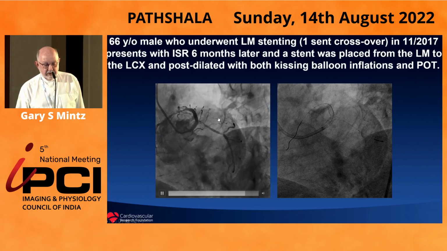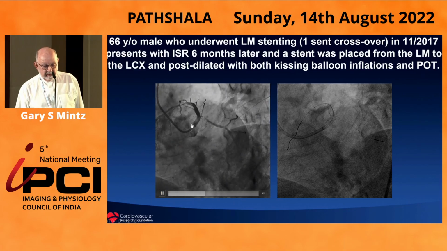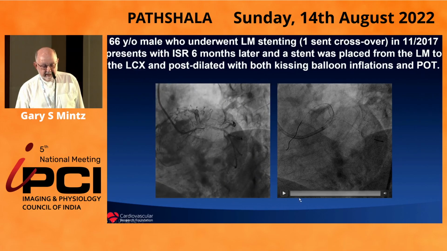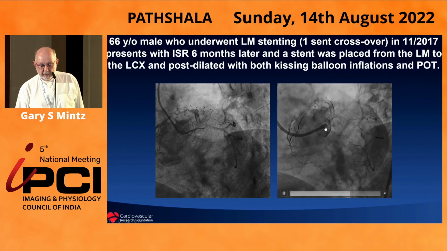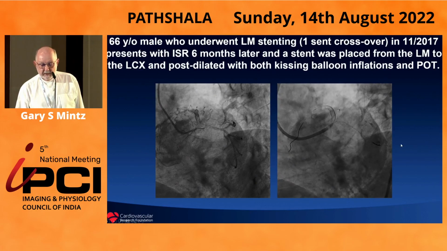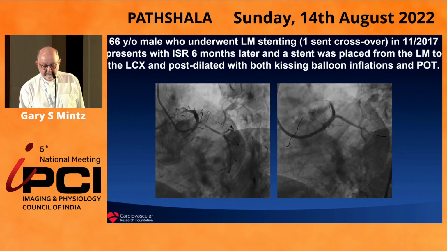Here is a patient who presented with previous stenting in the left main to LAD, and he shows up with restenosis or a new stenosis at the ostium of the circumflex, shown here and here. It was treated with the new stent as well as kissing balloon inflations.